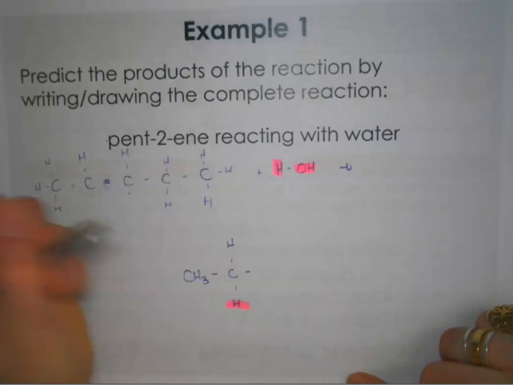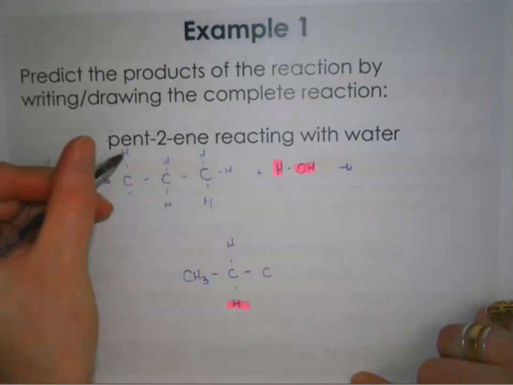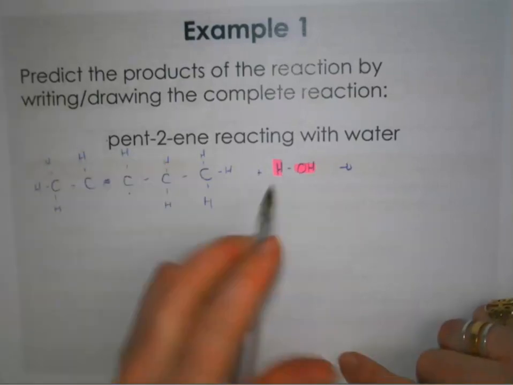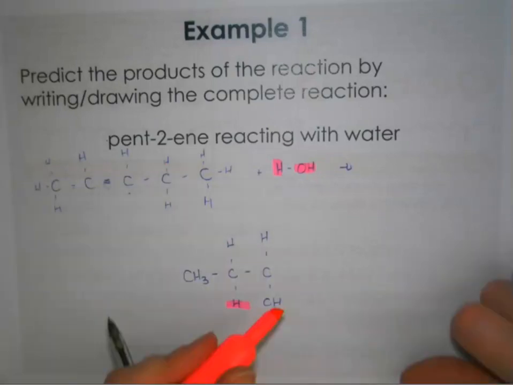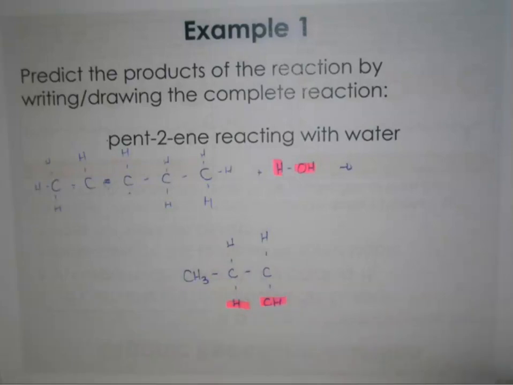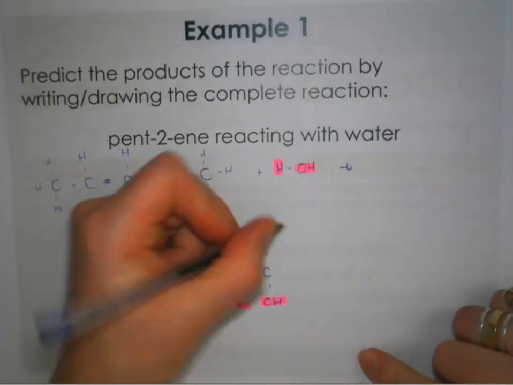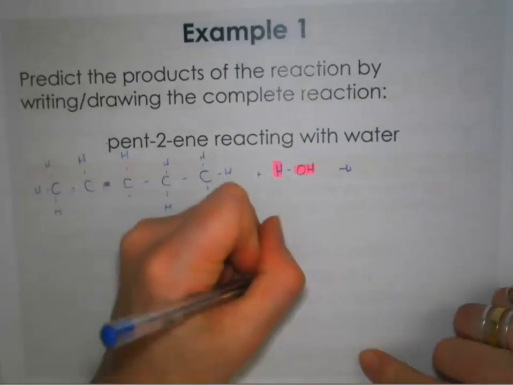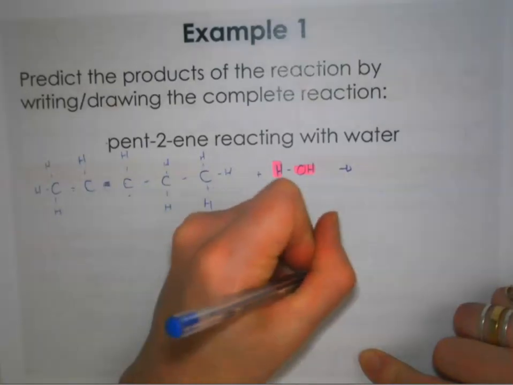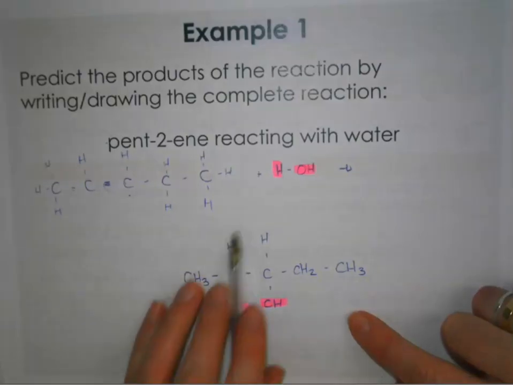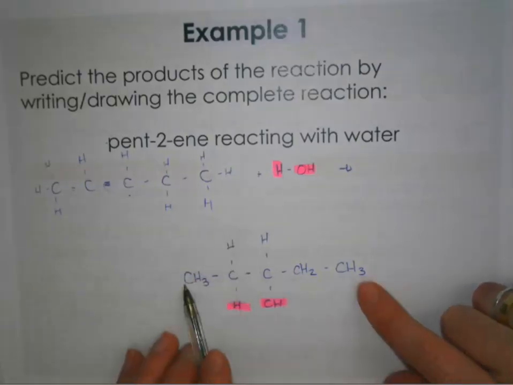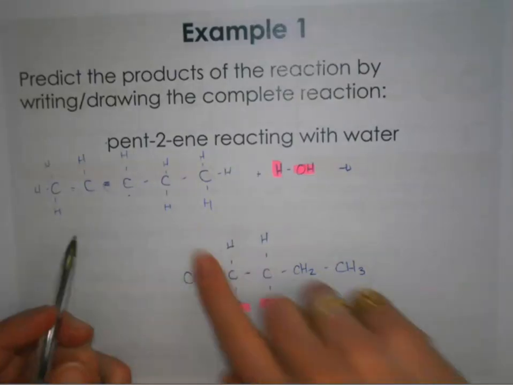And then we still have the bond to the other carbon, which has the other hydrogen, but it is now going to accept the hydroxide. So there's our 2 components from the water. And then the rest of the molecule will just be as usual. So it's going to be CH2, CH3. I know I kind of did expanded or structural and then condensed over here, but I just didn't want to make things too messy.